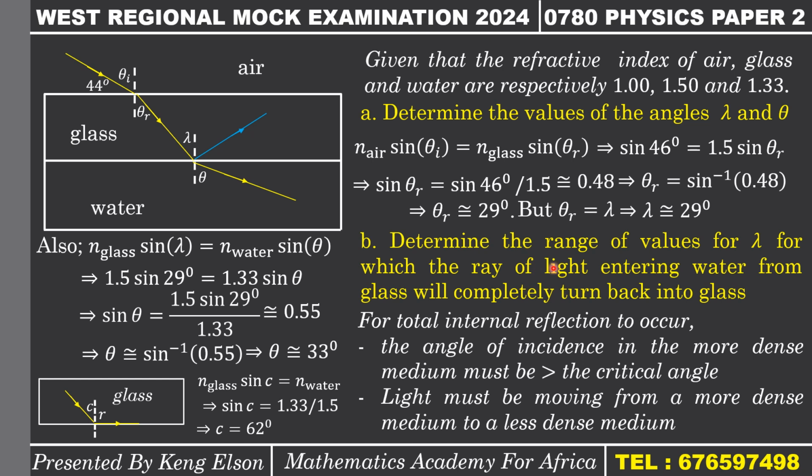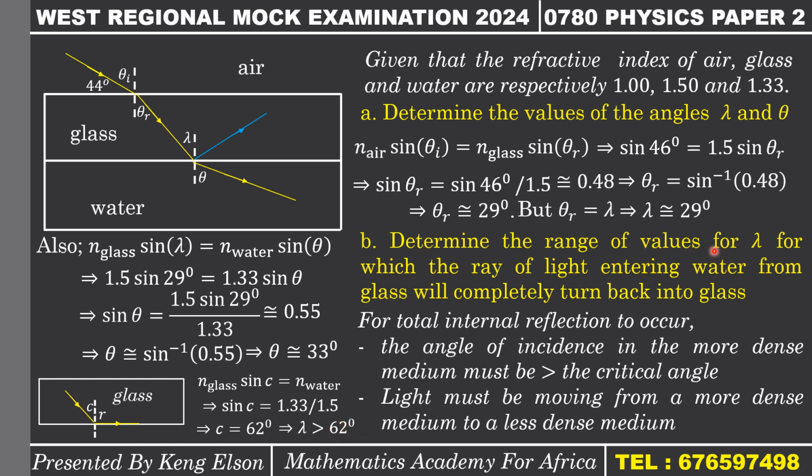Now for total internal reflection to occur, the angle of incidence in the more dense medium should be greater than the critical angle. What is the angle of incidence in the more dense medium? It is lambda. Back to the equation, the more dense medium is glass. So since we have found the critical angle, and the angle of incidence in the more dense medium is lambda, total internal reflection will occur when lambda is greater than the critical angle.